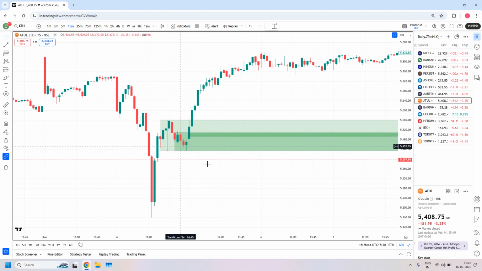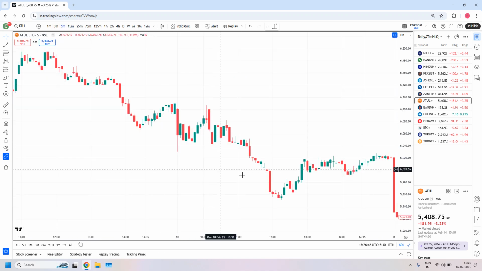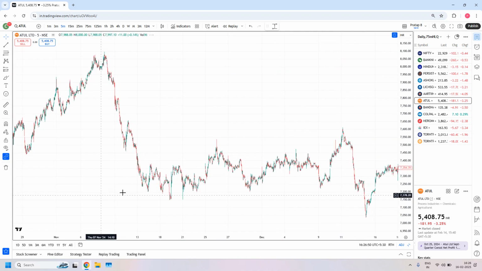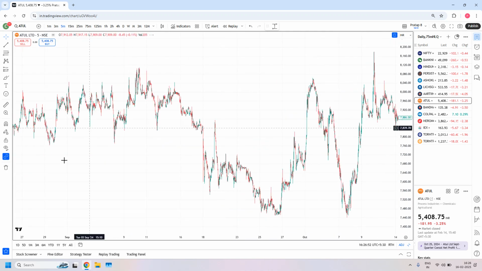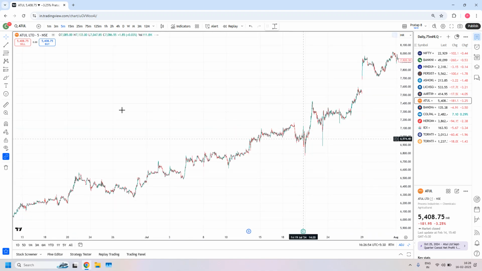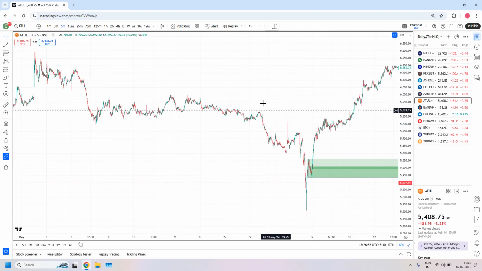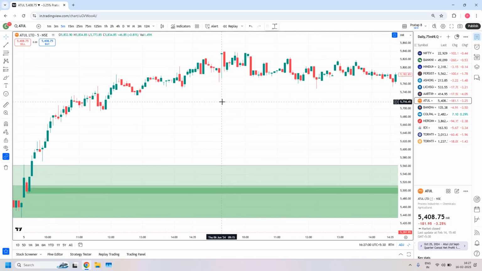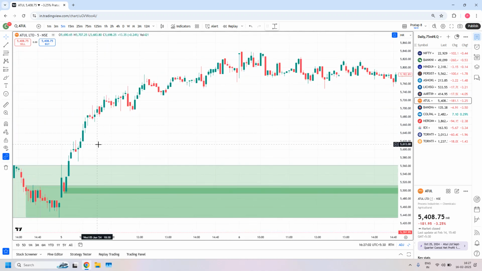And within the 15 minute zone, we have a 5 minute zone. So here you have a rally candle, base candle, rally and follow through candles.